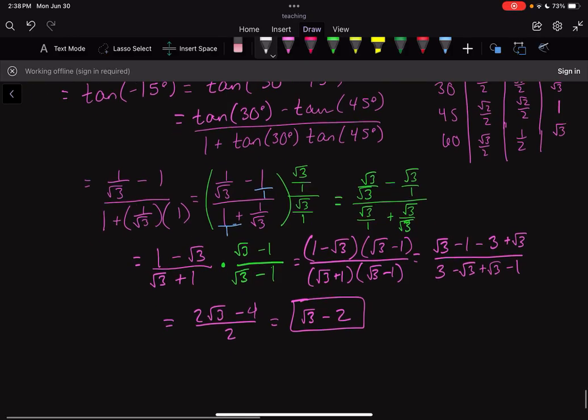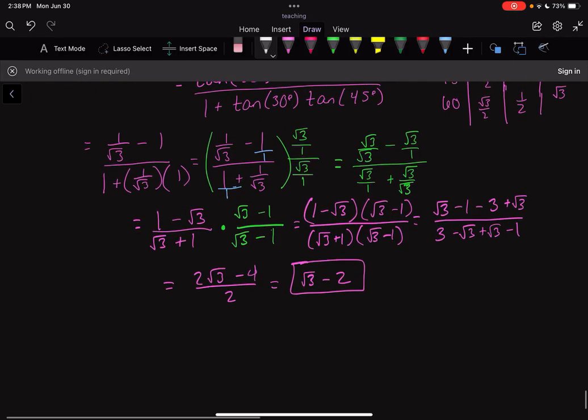Yeah, I like that one. All right, let's do part B, tangent, and let's do another negative, so that you can get some experience in it.